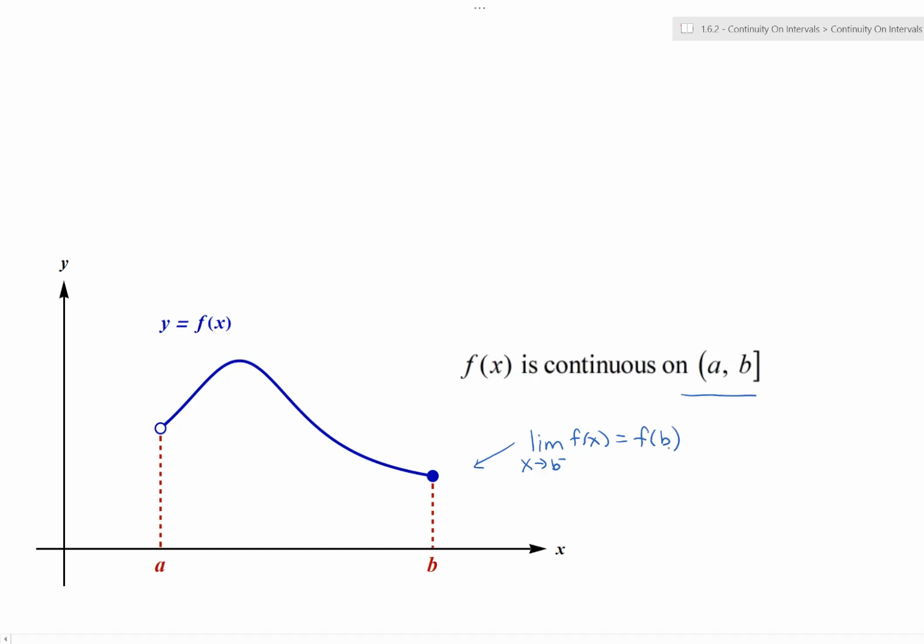But we don't have continuity at a, again since the function is undefined, and so its limit from the right towards a cannot equal the value of the function at a. So there's a variety of different ways we can talk about continuity over intervals.